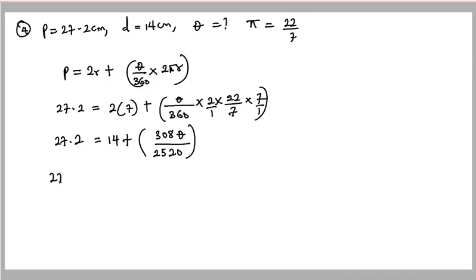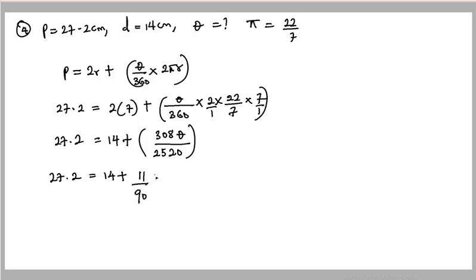So 27.2 is now equal to 14 plus 308 theta over 2520. Let's divide 308 by 2520. We'll get 11 over 90.